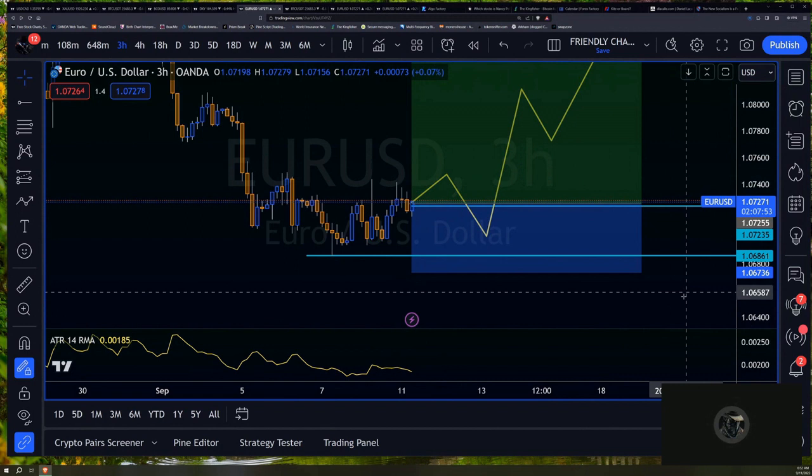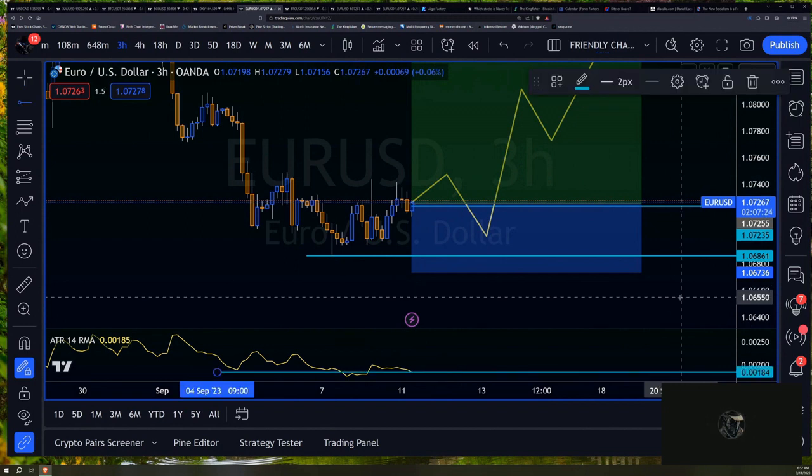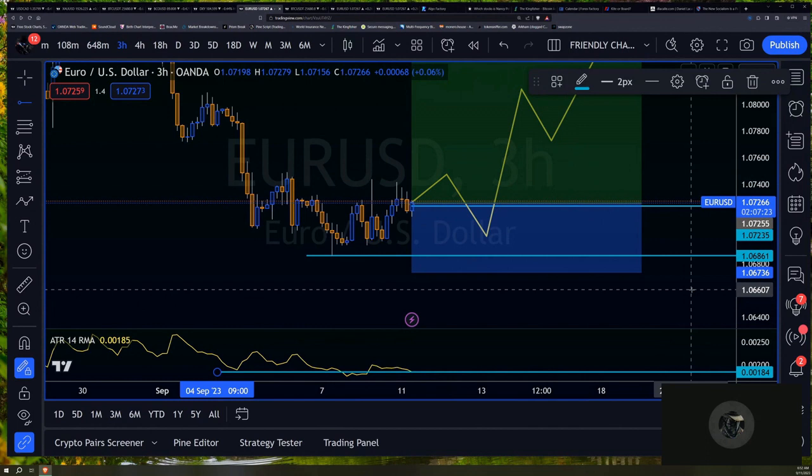So what I do is I look at the ATR as it is now. I'll draw a line through that, and you can see that it is 0.00184. If you look at the bottom right, you'll see it's 0.00184. So our bottom was 1.06861 and our ATR is 0.00184.